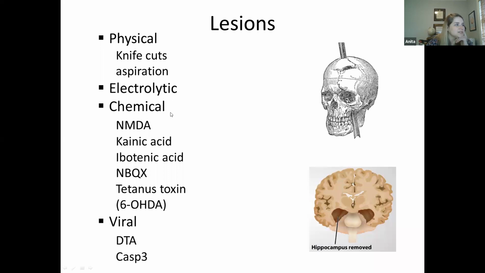Electrolytic lesions, chemical lesions, there are a bunch of them. And then there are now some techniques where you can do viral mediated ablations, and these can have a little bit more cell specificity. All of these have their own caveats and drawbacks and advantages and disadvantages.